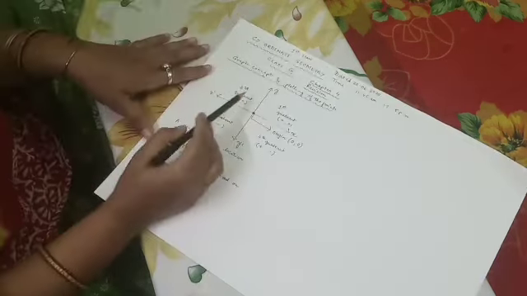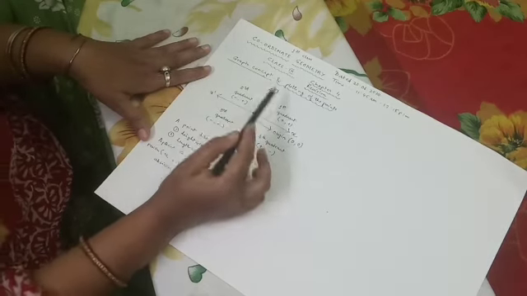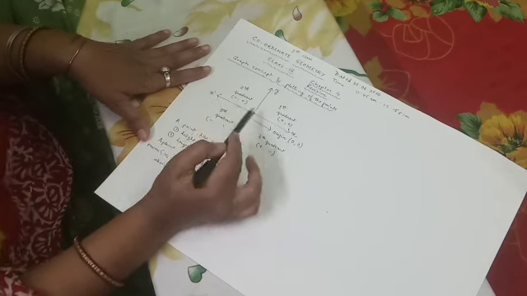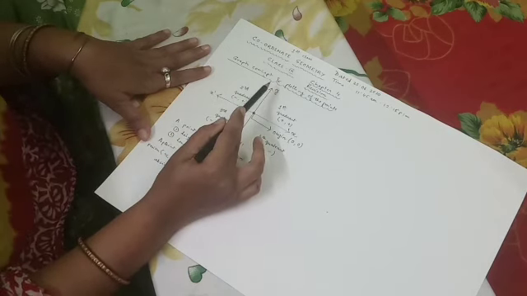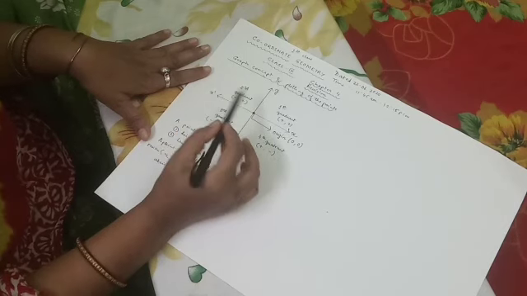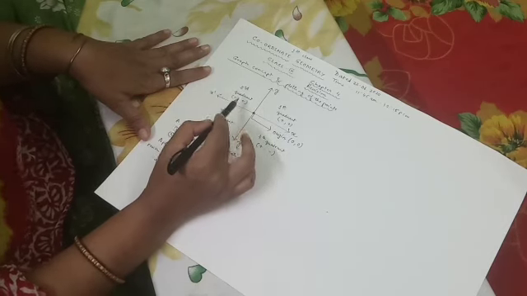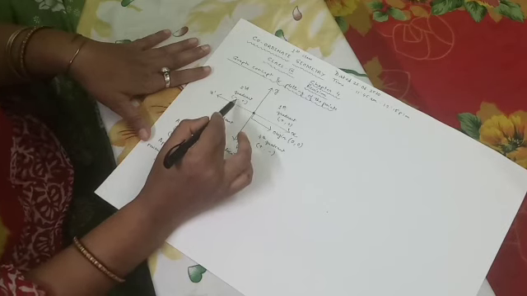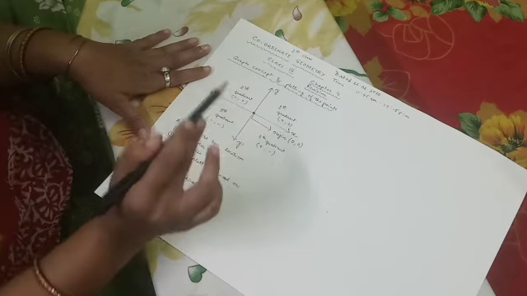Now look here, the second quadrant. Study the position of the graph. Now look, the y is positive here and the x is negative. So the position of the point will be abscissa negative, ordinate positive.